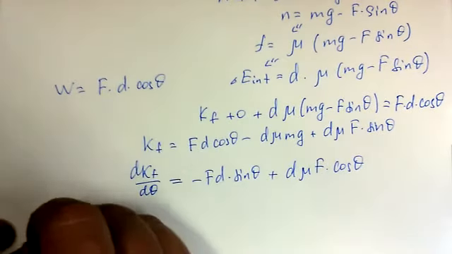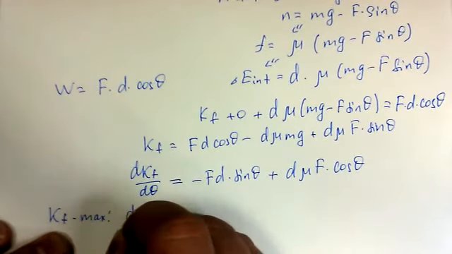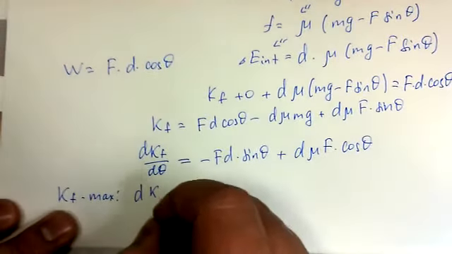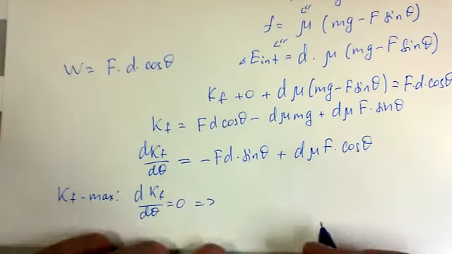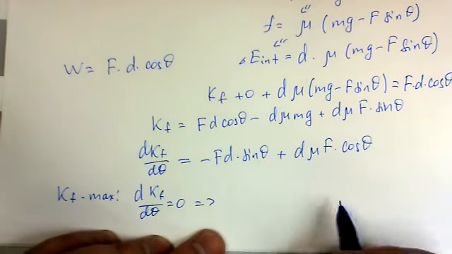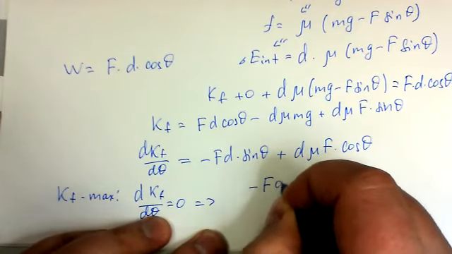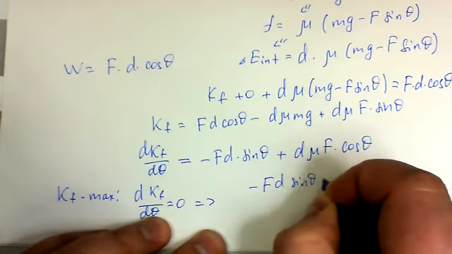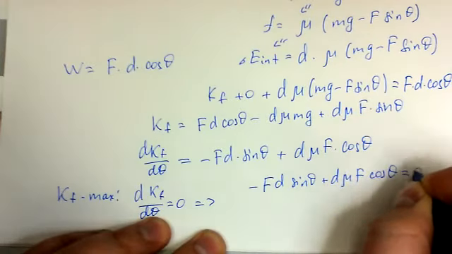And since K_f must be maximum, this first derivative of kinetic energy with respect to theta must be equal to 0. So it would be minus f d sine theta plus d mu f cosine theta equals 0.